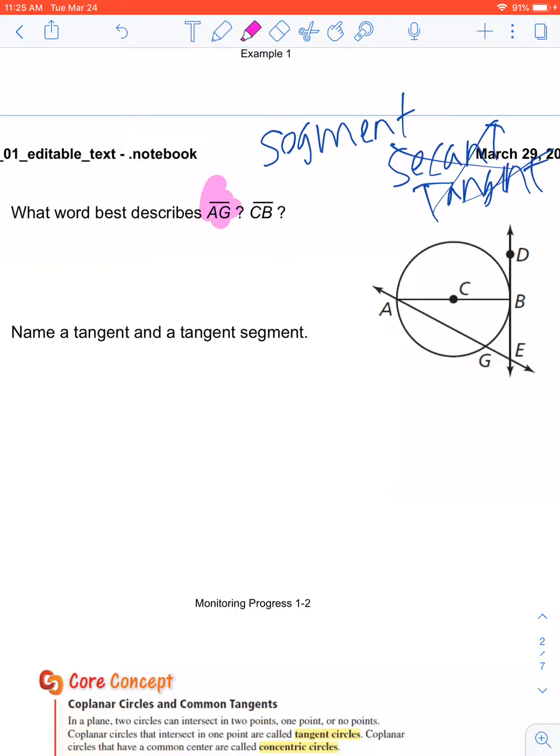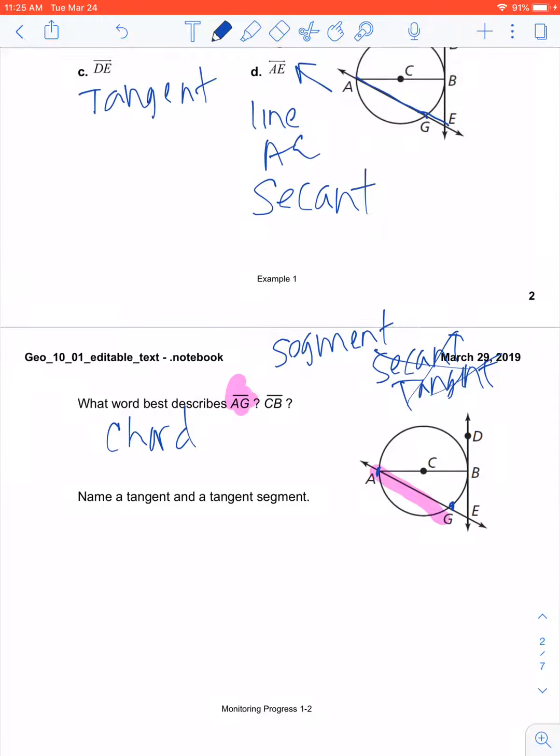When I look at AG, I notice that my endpoints are on the circle. So that makes this a chord. So the huge difference between this problem and the last problem is that one is a line and the other is a segment. A line is a secant and a segment is a chord.